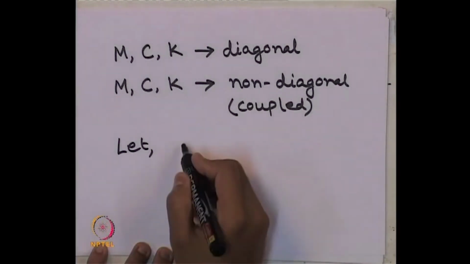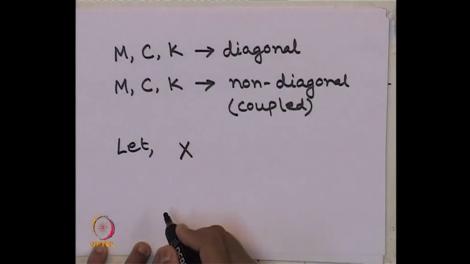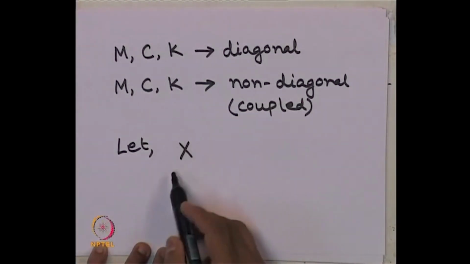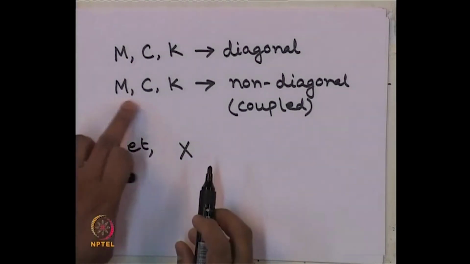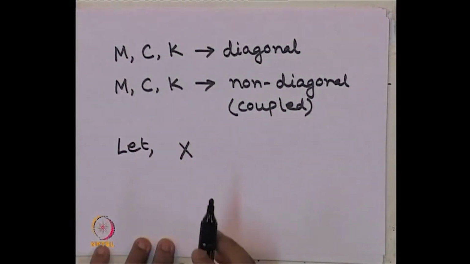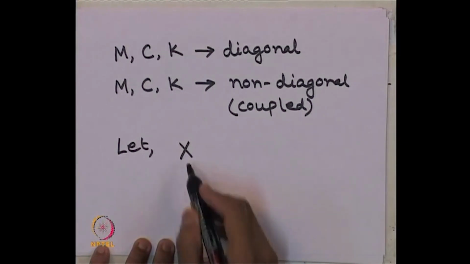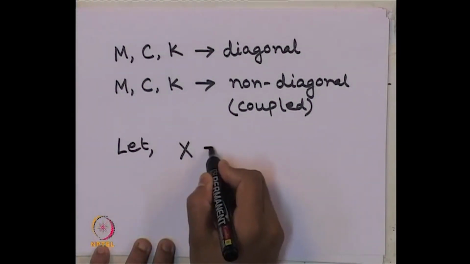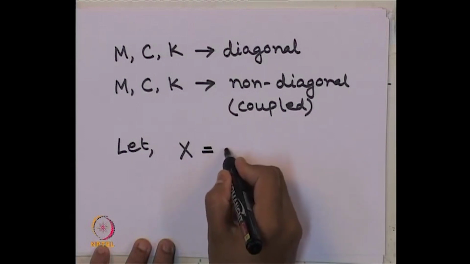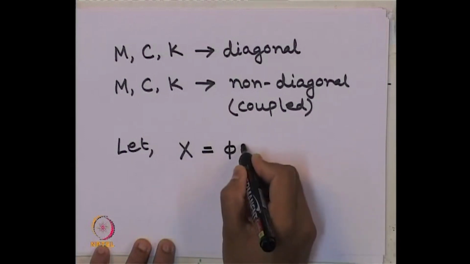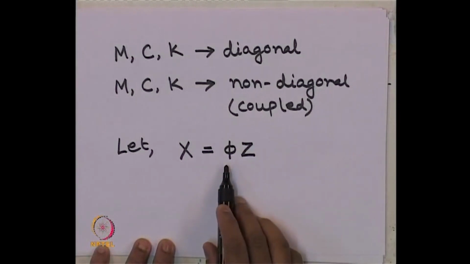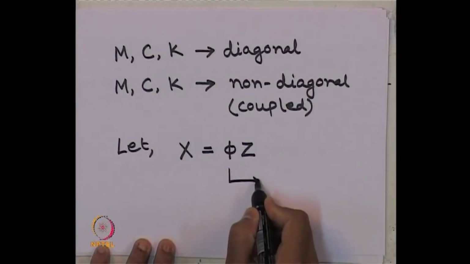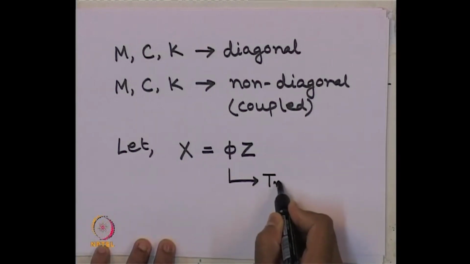So, let us say the solution x vector is given as phi times z vector. Remember, I am writing these as vectors and matrices now, not single numbers. Phi is a matrix which is called the transformation matrix.